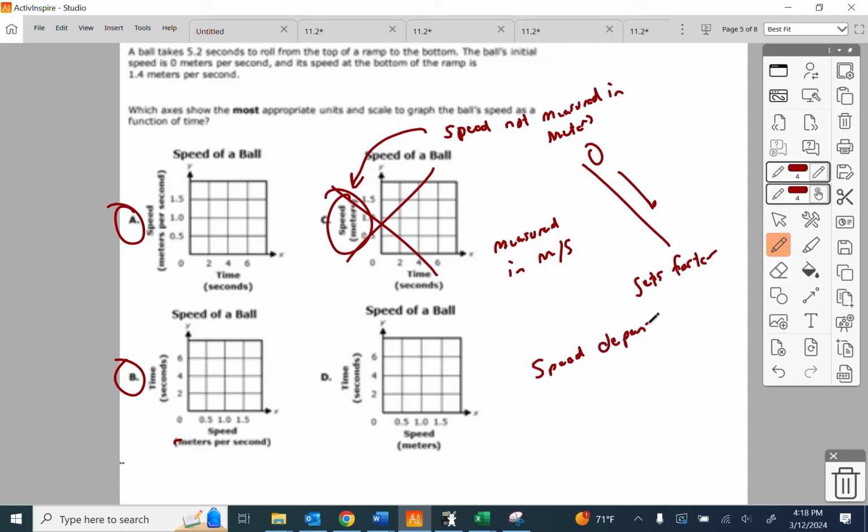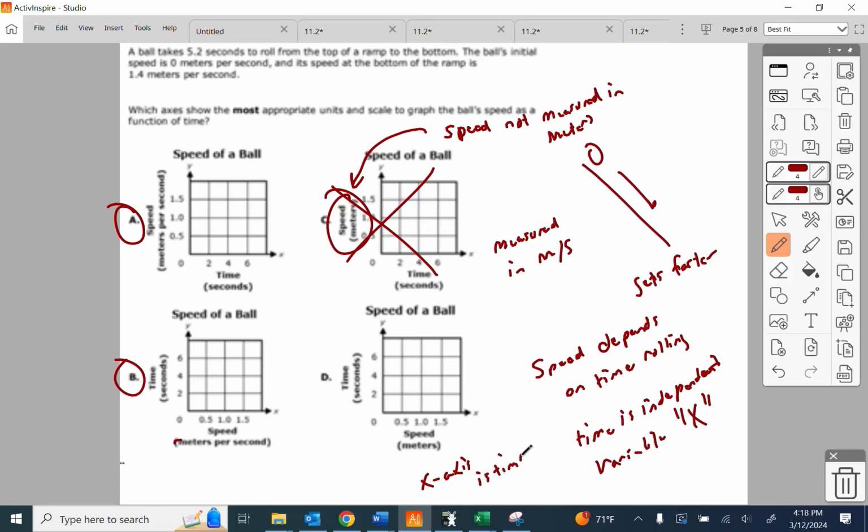Speed depends on the time rolling. Speed depends on time. Time is the independent variable, which we passionately call x. The x-axis needs to be time.